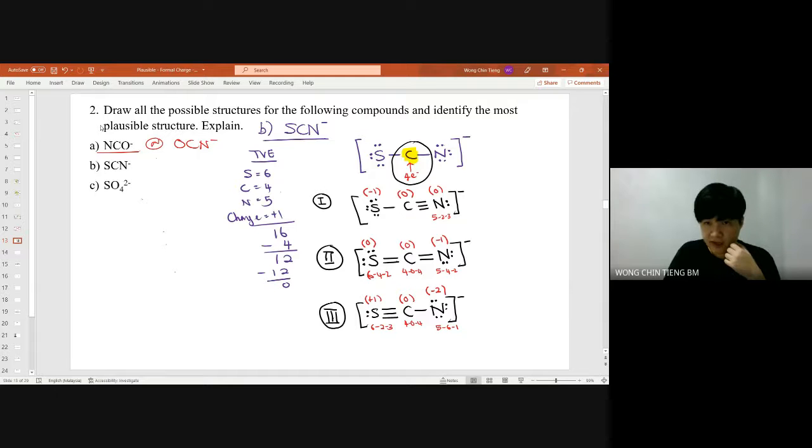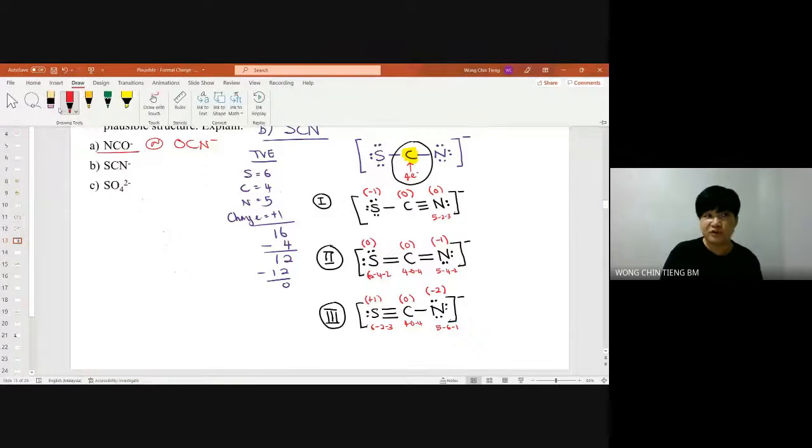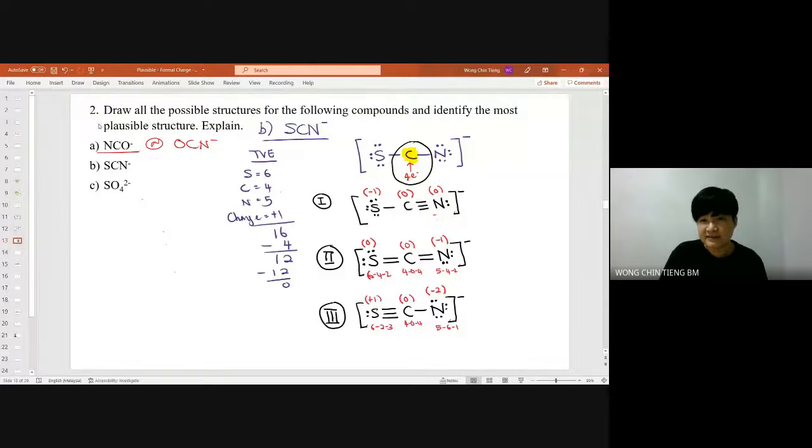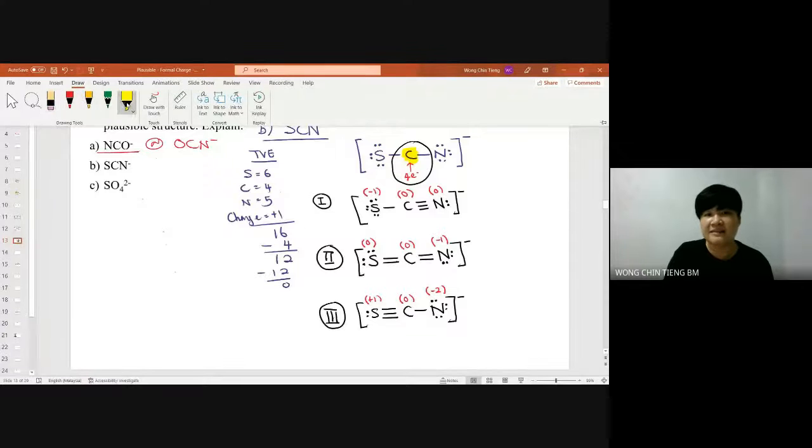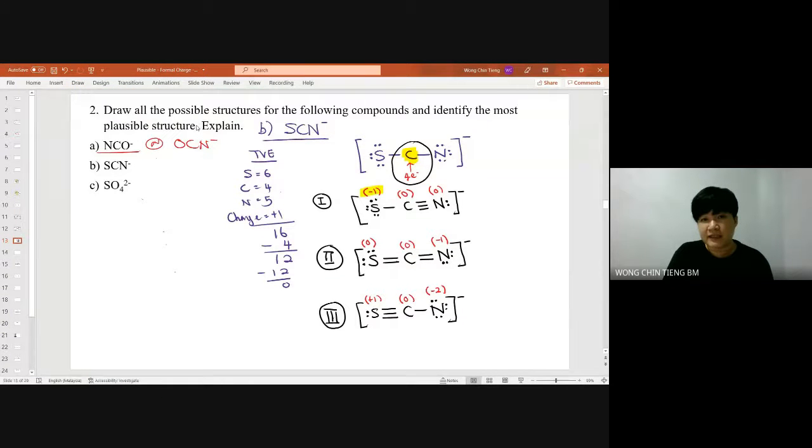Negative 2. And guys, before you move on to anything else, please make sure you check your formal charge. How do we check? We add them up and make sure everybody must equal to negative 1 because it's an SCN minus. So negative 1 tambah kosong, negative 1. Kosong, kosong, negative 1, negative 1. Happy with that?